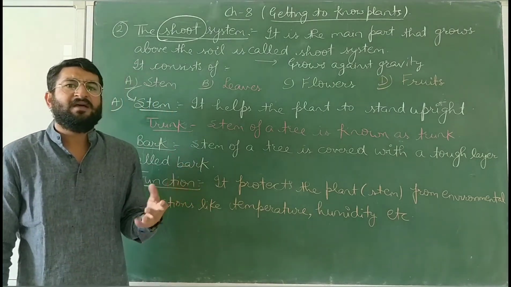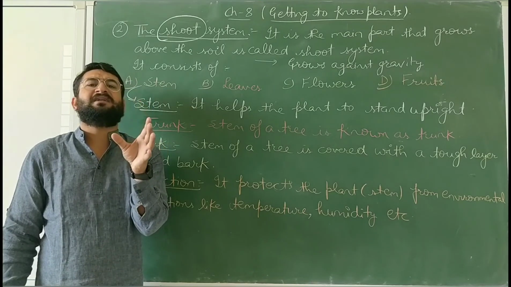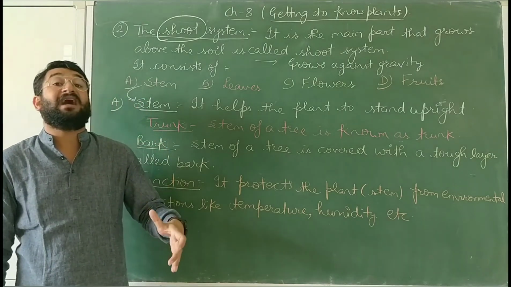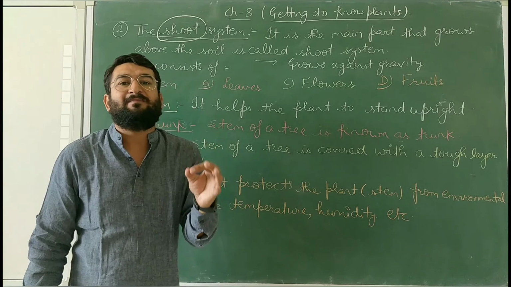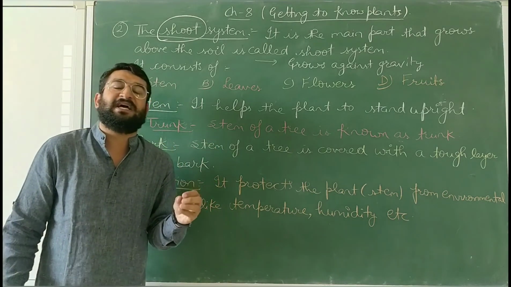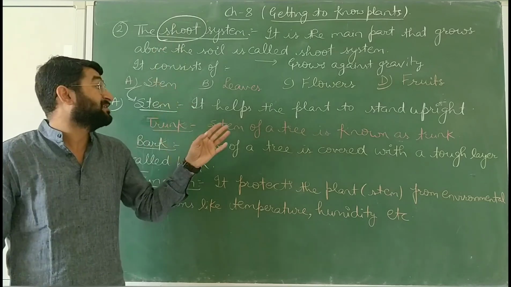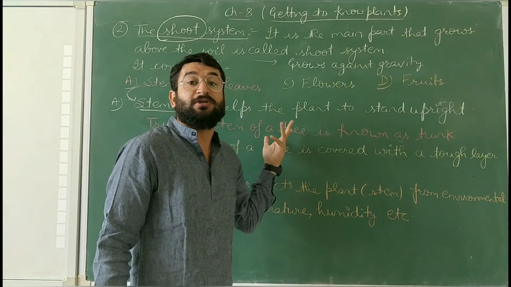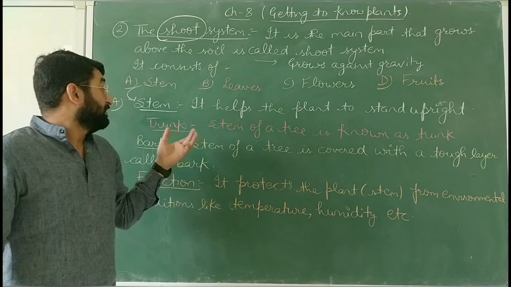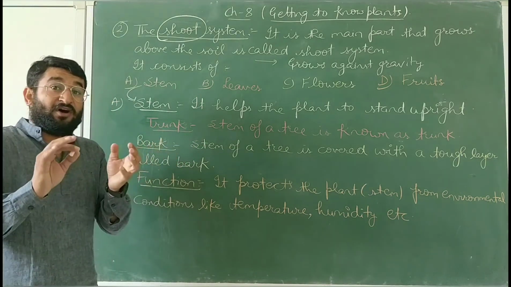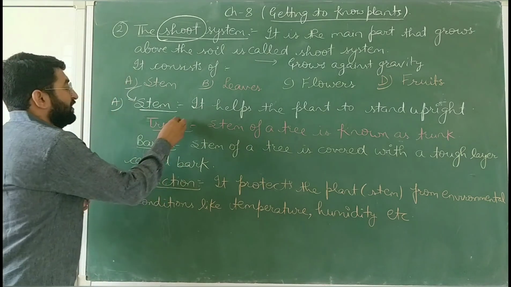As I discussed, stem is a part of the plant that helps it to stand upright. एक ऐसा पार्ट है जो प्लांट को हेल्प करता है to stand upright, to stand tall, erect. That is a stem. Stem of a tree is known as trunk.